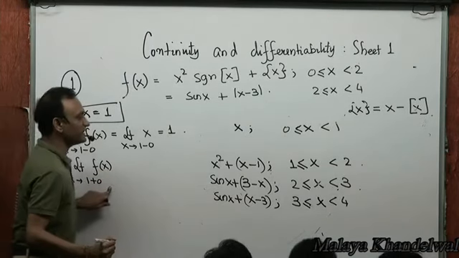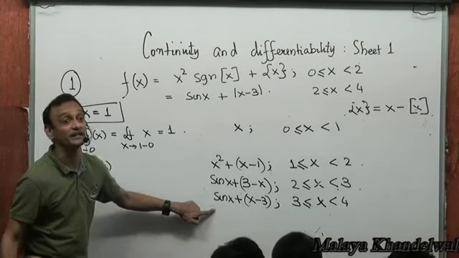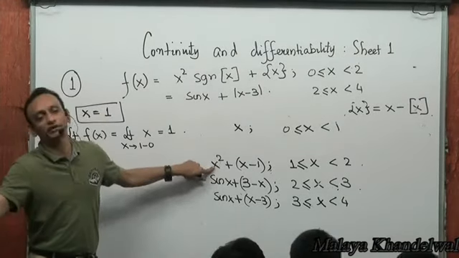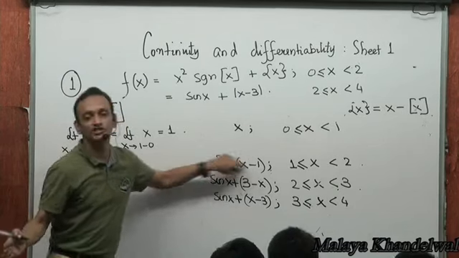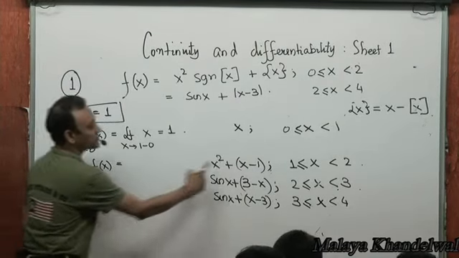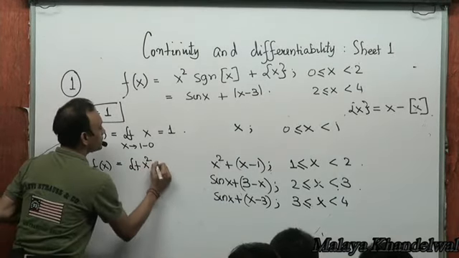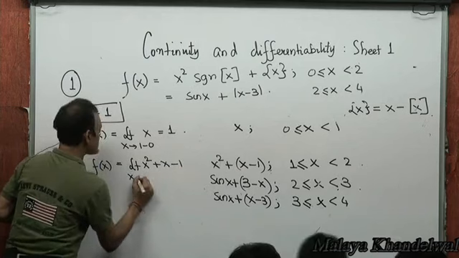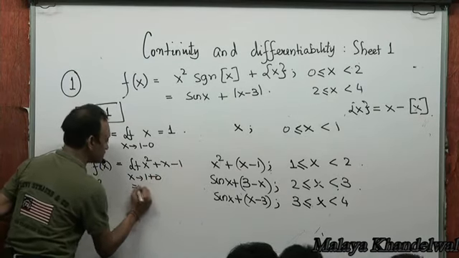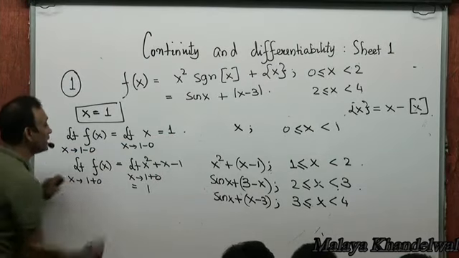When x is slightly greater than 1, we look at the interval just to the right of 1, and to the right of 1 the description of f(x) is this quadratic, right? So it is the limit of x squared plus x minus 1 as x tends to 1 from the greater than 1 side, which is 1. So the left hand limit at 1 is 1, the right hand limit is 1, and the value of the function at x equal to 1 is what?